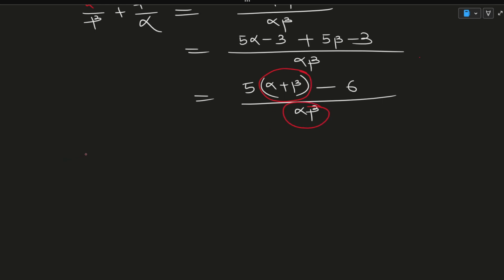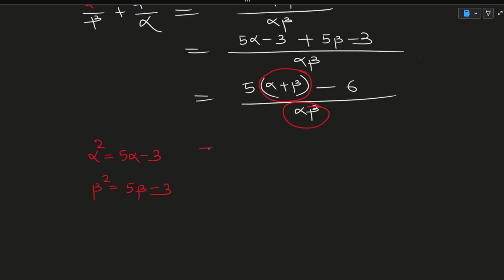So if we carefully see the given equations, alpha square equal to 5 alpha minus 3 and beta square equal to 5 beta minus 3.